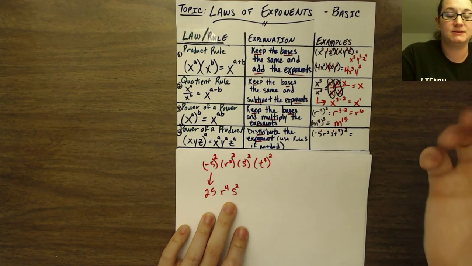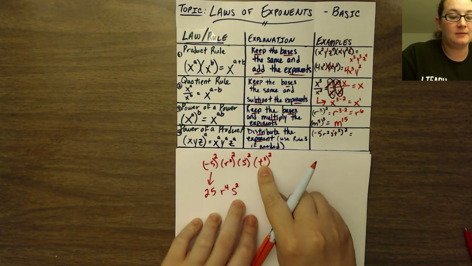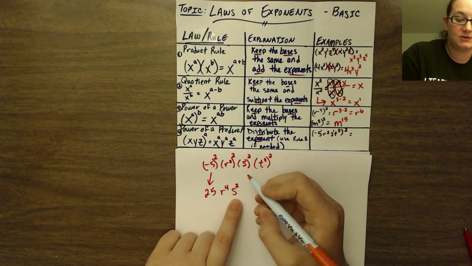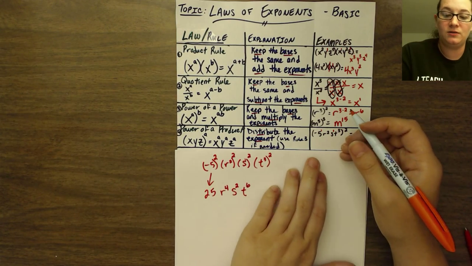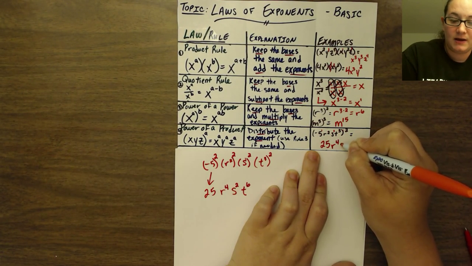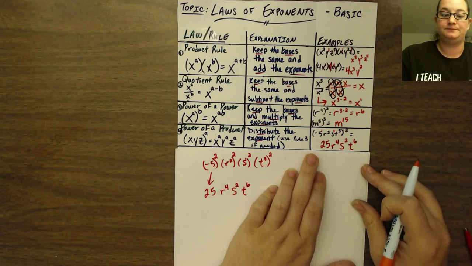You just write the s. So you've got to be careful. This t cubed, again, I'm going to use rule 3 up here and multiply those exponents. So 3 times 2 is 6. So all of this is equal to 25 r to the 4 s squared t to the 6.